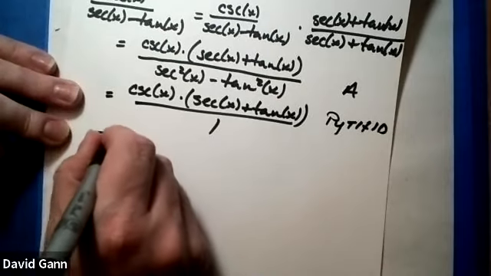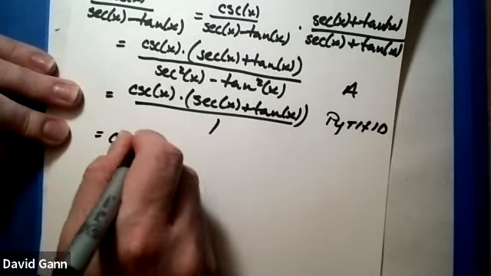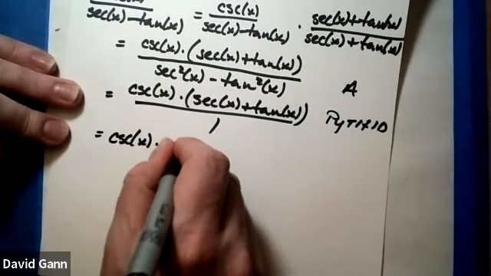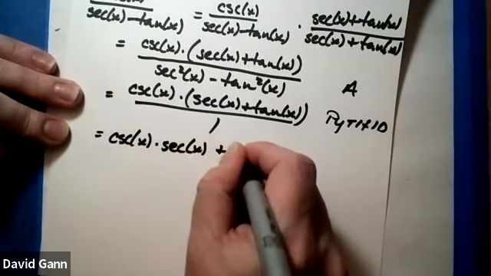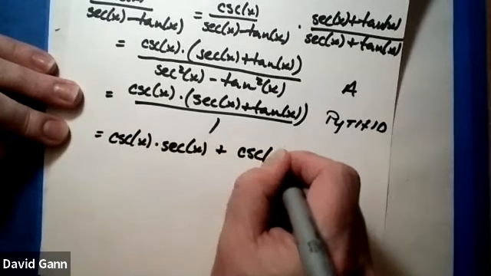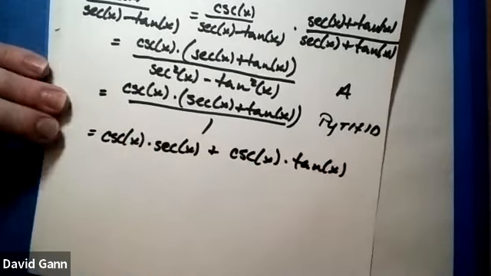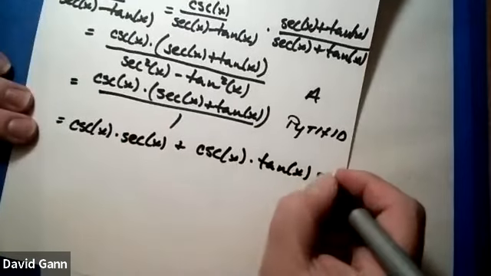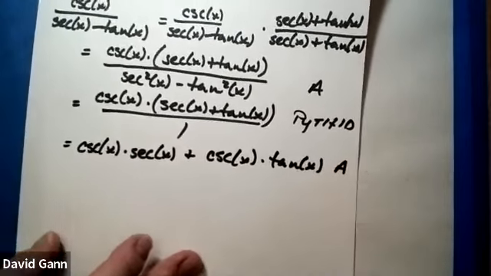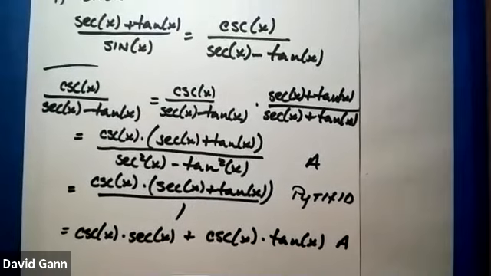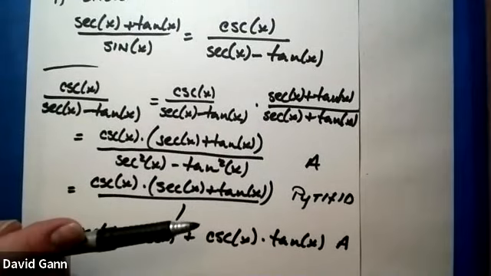So I have, it's now cosecant of x times secant of x plus cosecant of x times tangent of x. And that's just algebra, right? So now I want you to think a second about where we were headed, right?